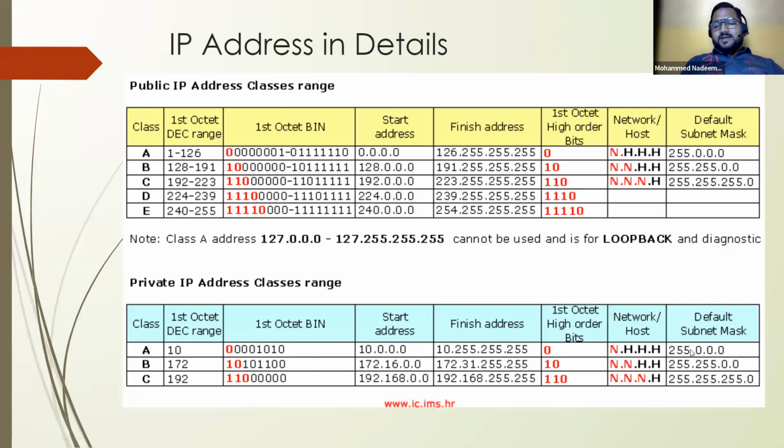If you are using a class A address, it is 255.0.0.0. Class B 255.255.0.0, and class C 255.255.255.0. So 255 represents the network bits, and 0 represents the host bits. Okay, network bits and host bits. Network bits cannot change. Host bits can be changed. Remember that one thing. So this is our IP address.